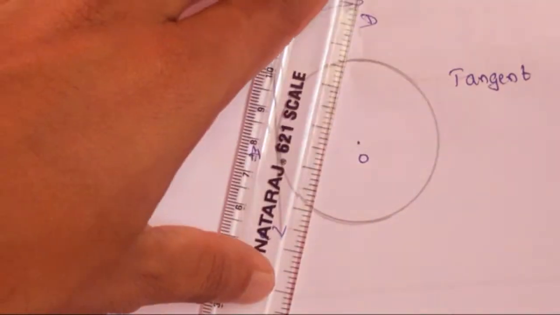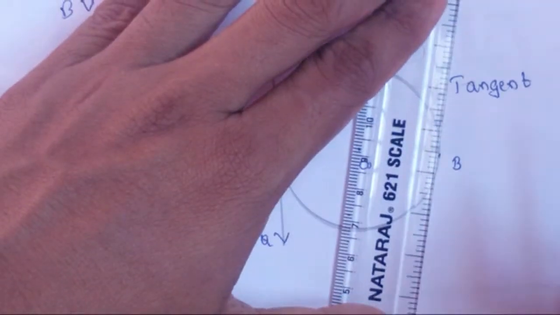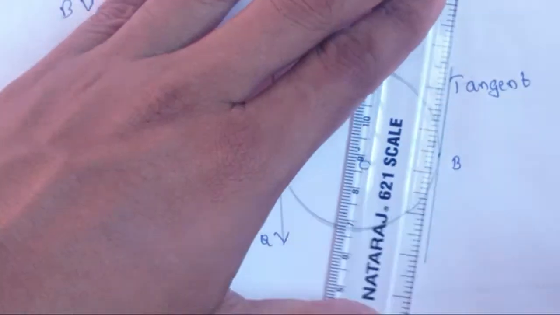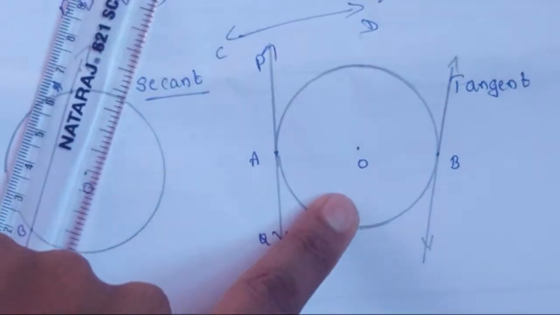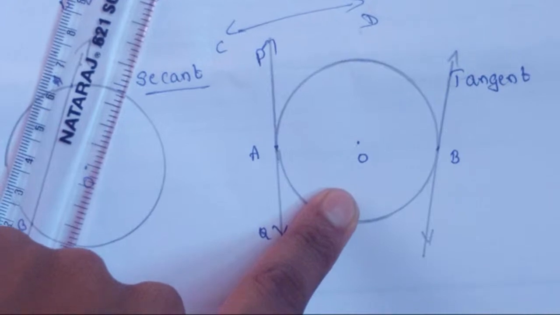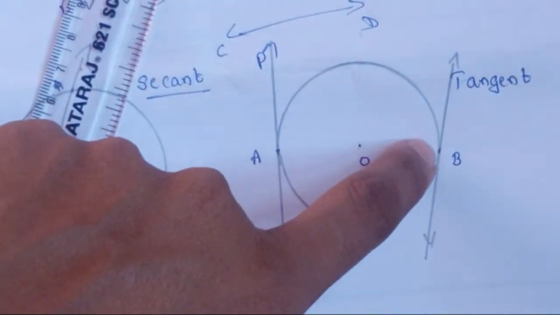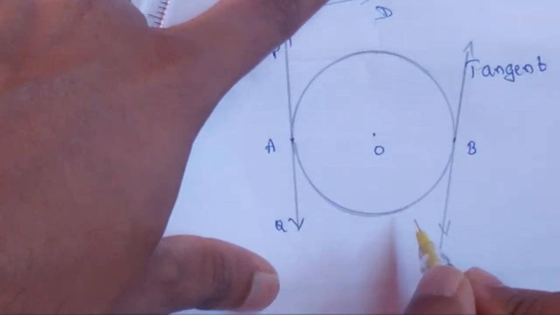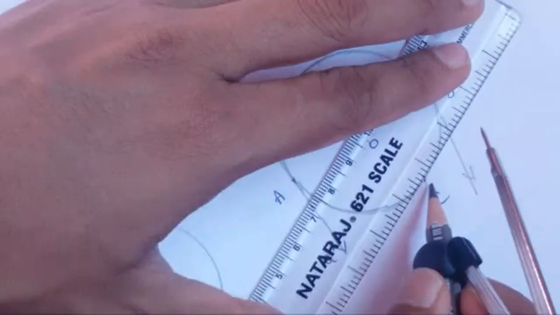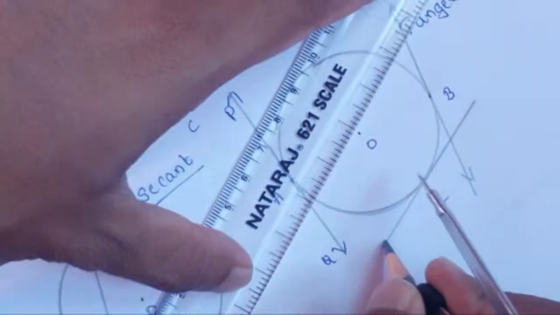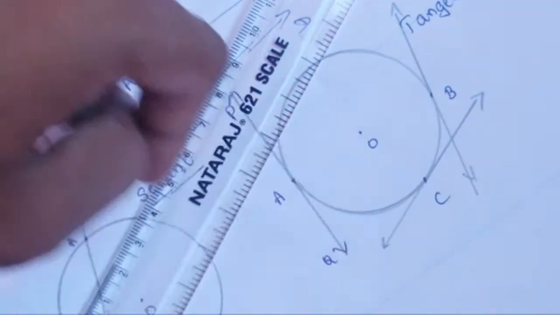I will mark one point, that is B, and I will draw one line through this point B. So this is also called a tangent to a circle, because this line also passes through the circle at a single point. Then I will consider another point C and draw one line which touches the circle. So this line is also called a tangent to a circle.